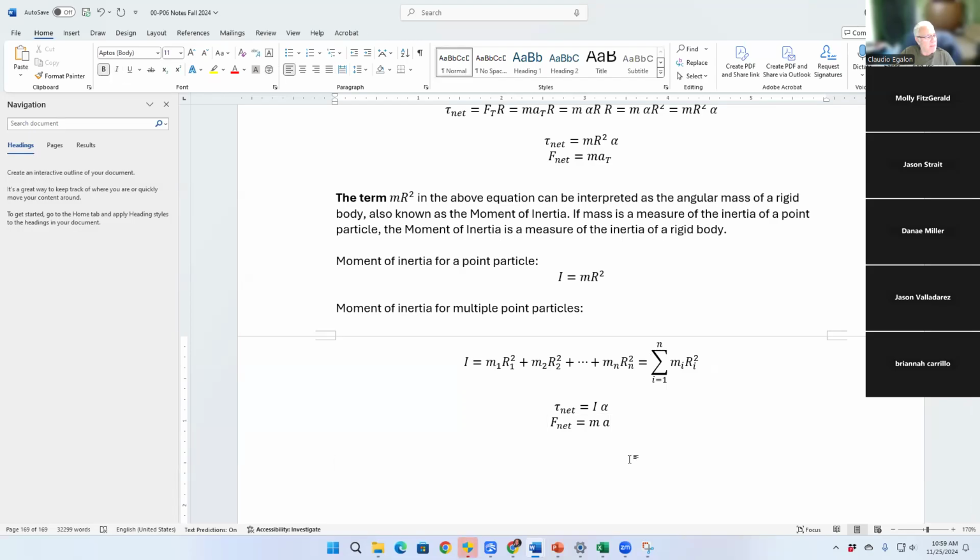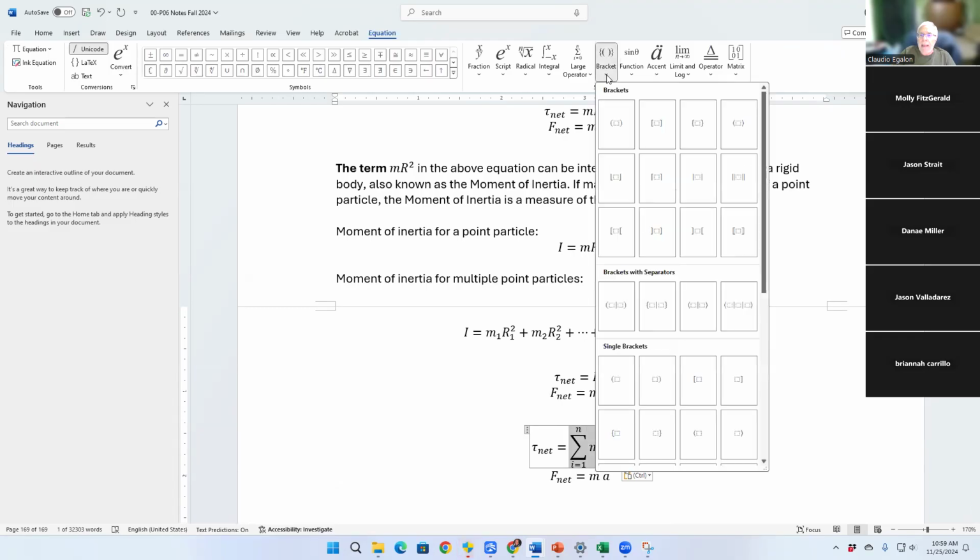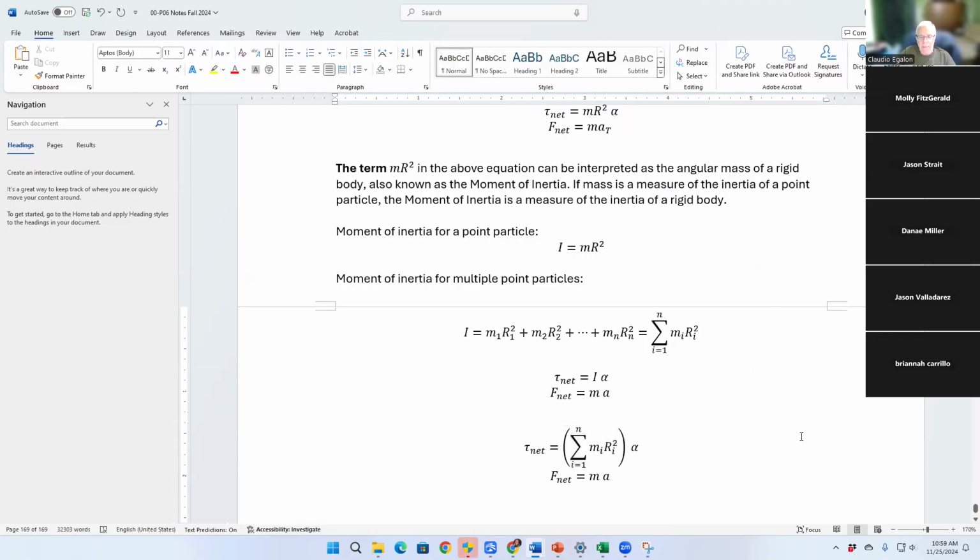Okay? Side by side. We can go ahead and write that in terms of that expression that you saw. I'm gonna put that in between parentheses, so there is no doubt about that, right?